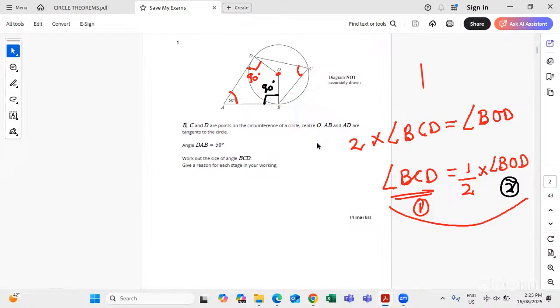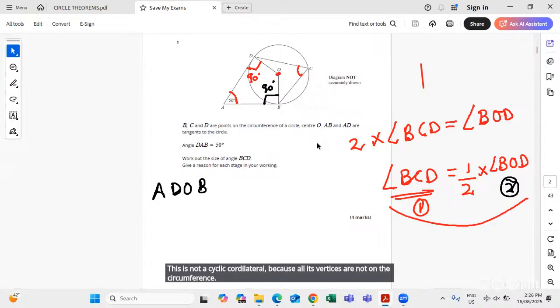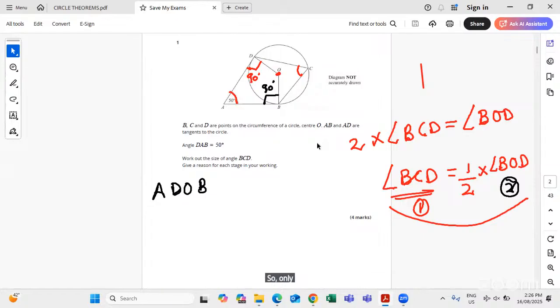Now, if you look at this quadrilateral ADOB, this is not a cyclic quadrilateral because all its vertices are not on the circumference. Only D and B are on the circumference, O is the center and A is a point outside.